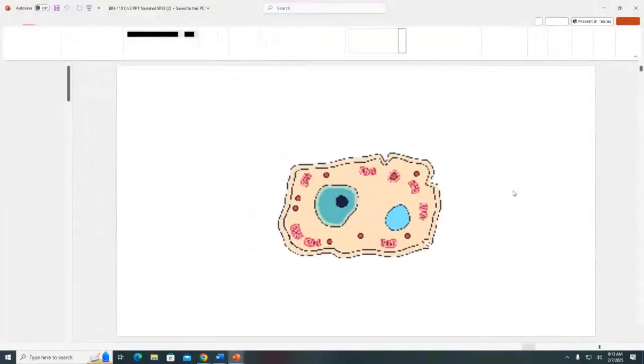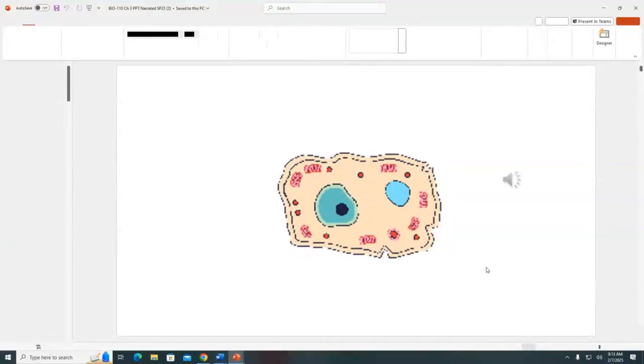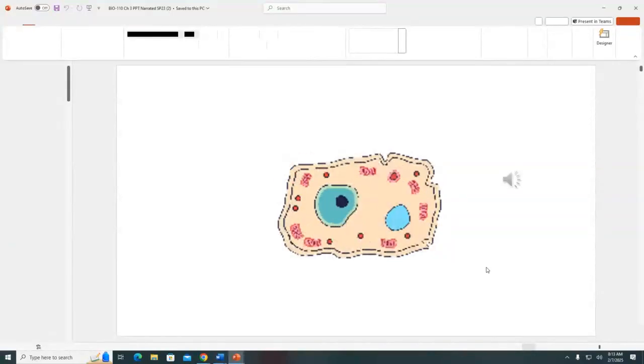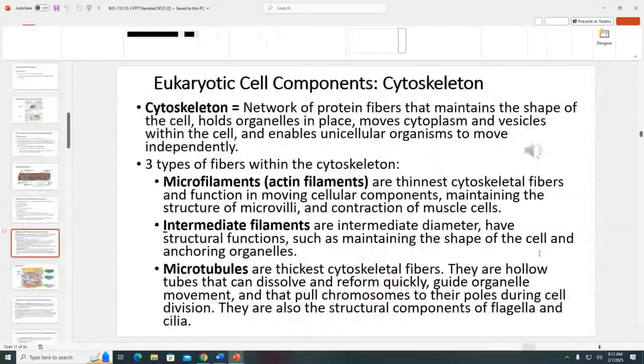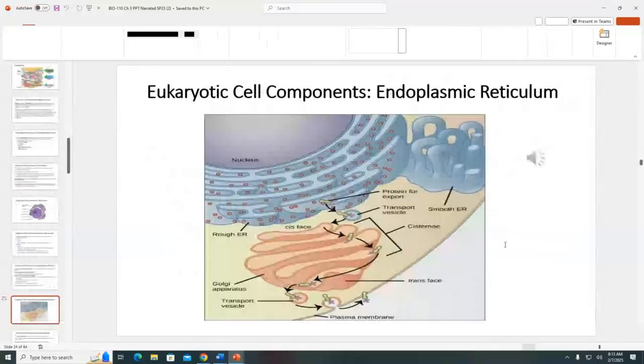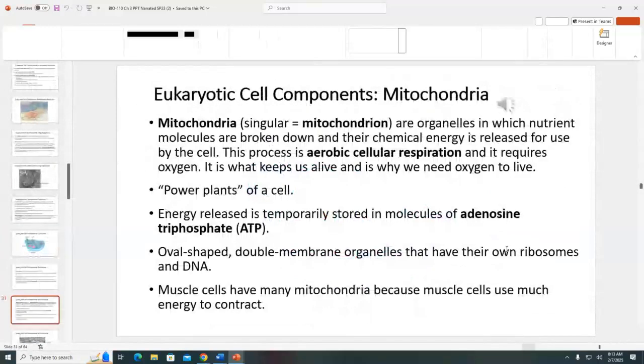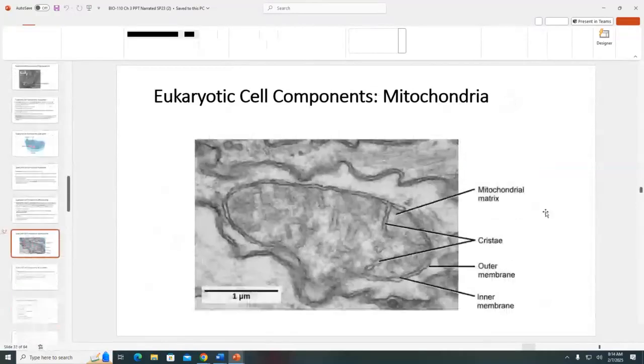So chapter 3. Where were we on here? Anyone remember where we left off?